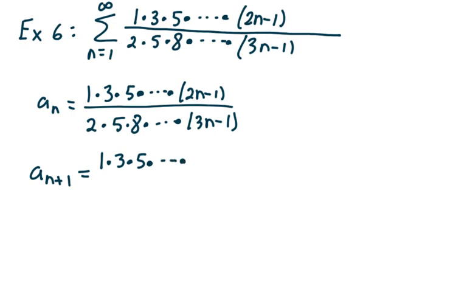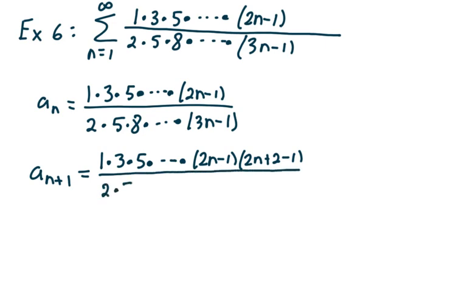In other words, I'm going to go 1 times 3 times 5 all the way to (2n minus 1) times (2n plus 2 minus 1), divided by 2 times 5 times 8 times ... (3n minus 1) times (3n plus 2), okay?